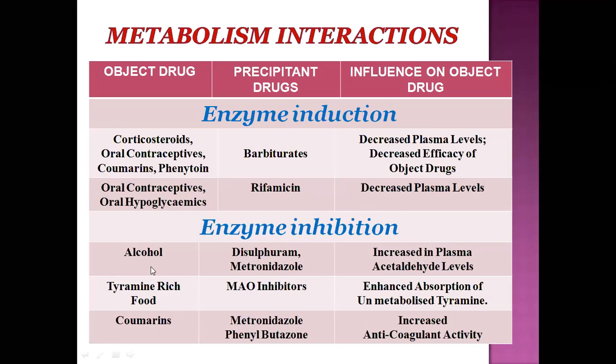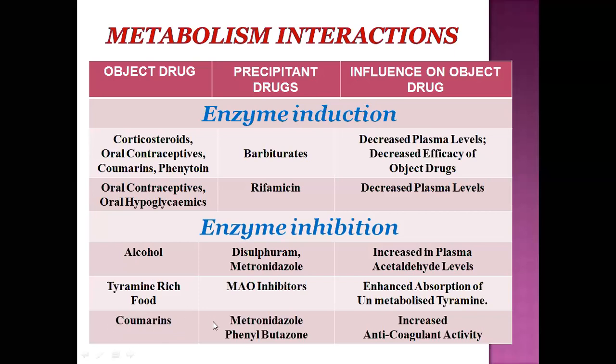Another example is tyramine-rich food, which you take along with MAO inhibitors. They enhance the absorption of unmetabolized tyramine, meaning there is a decrease in metabolism, which may be harmful to the body. Another example in enzyme inhibition: coumarin derivatives.